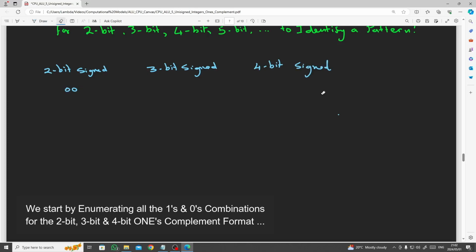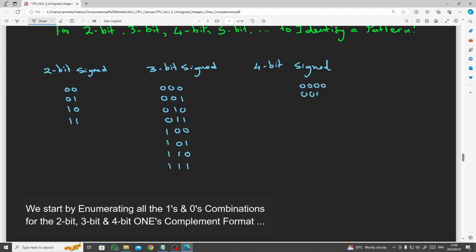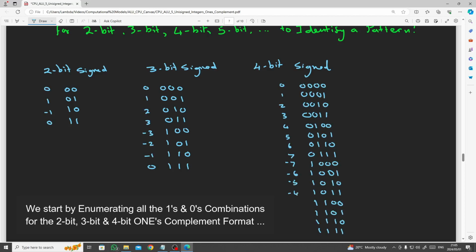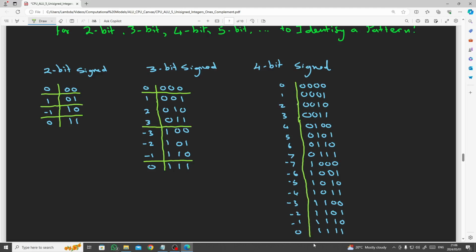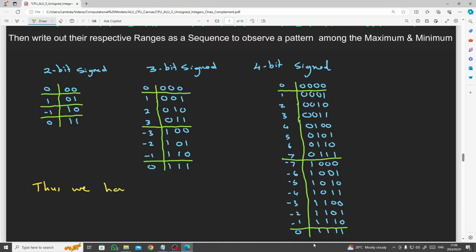We start by enumerating all the 1s and 0s combinations of the 2-bit, 3-bit, and 4-bit ones complement format. We then write out their respective ranges as a sequence to observe a pattern amongst the maximum as well as the minimum.